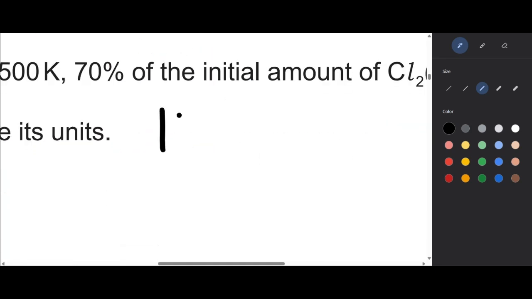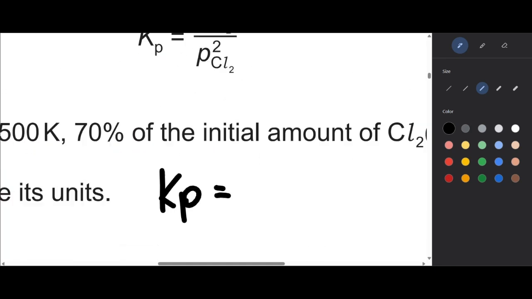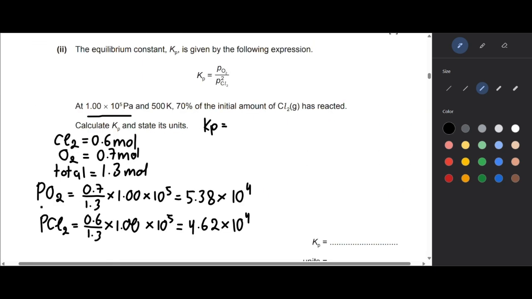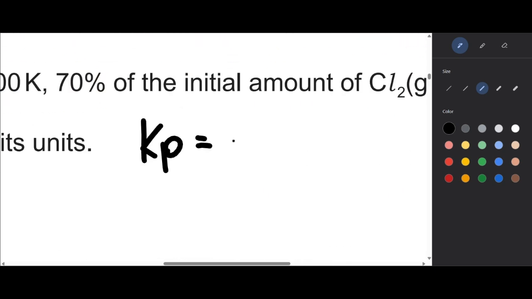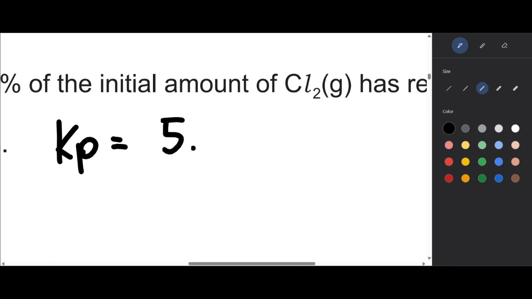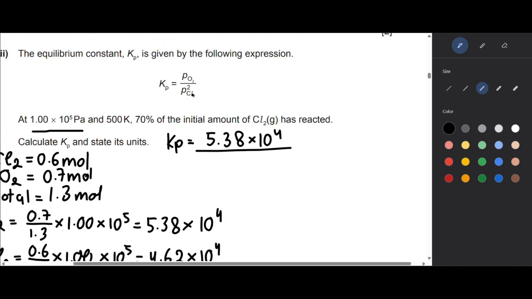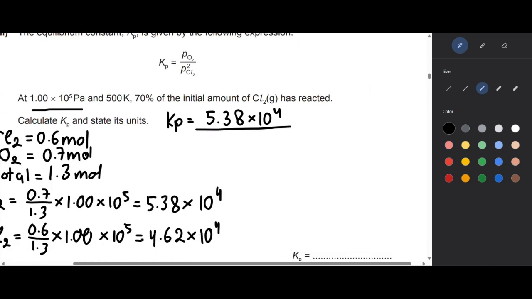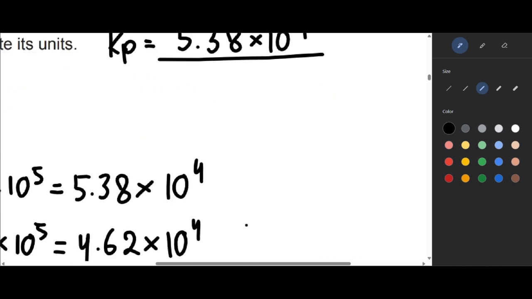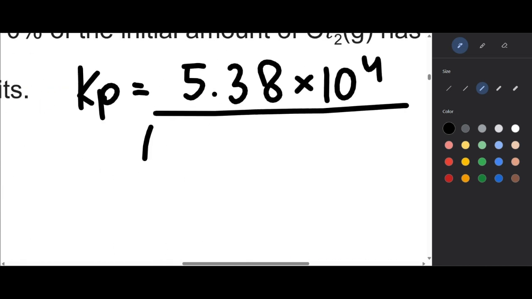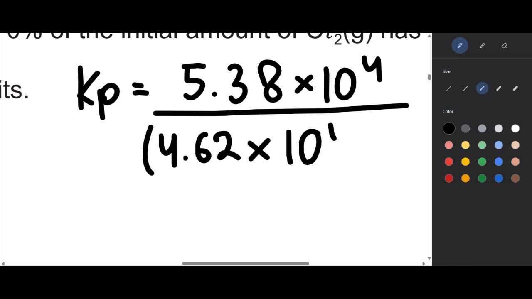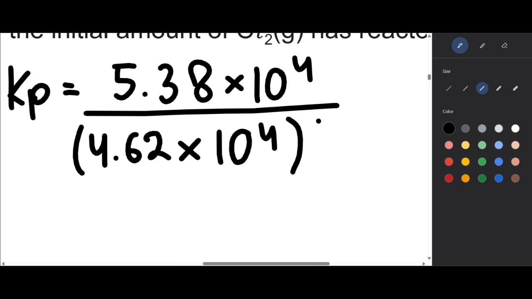So Kp is equal to PO2 per P squared Cl2. PO2 in here is 5.38 times 10 to the power of 4. So we have to substitute this amount, but square 4.62 times 10 to the power of 4, to the power of 2.